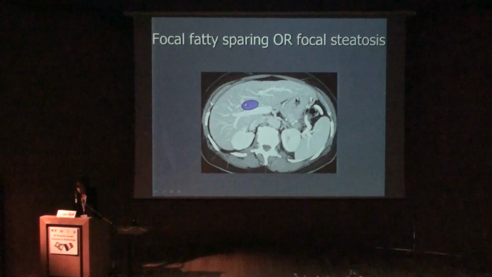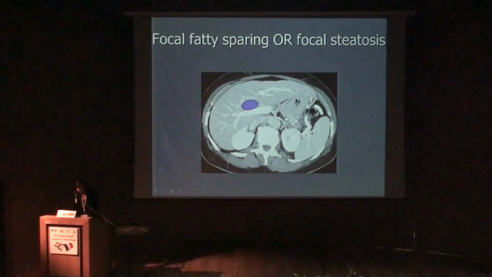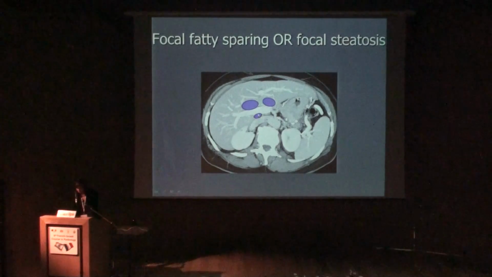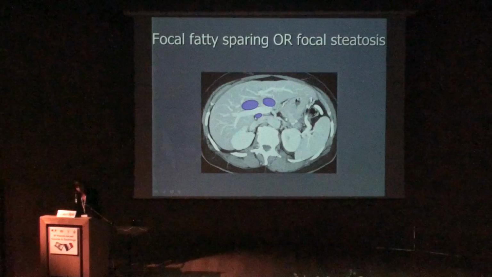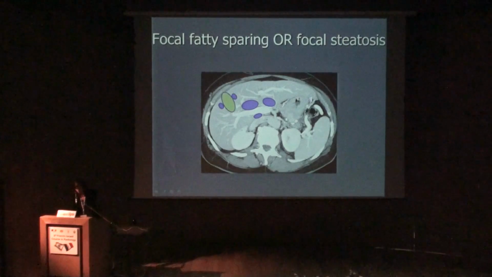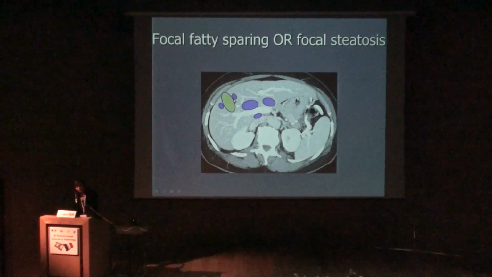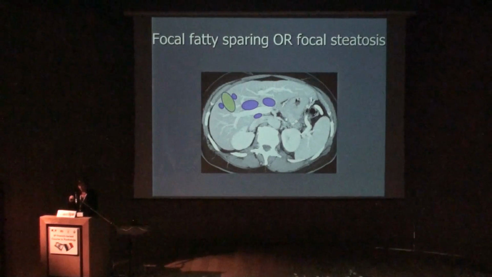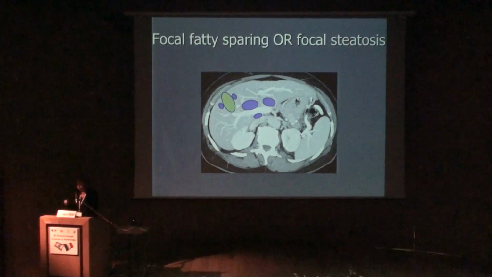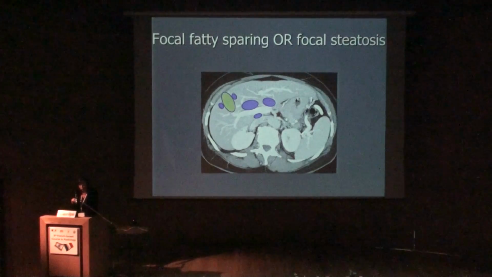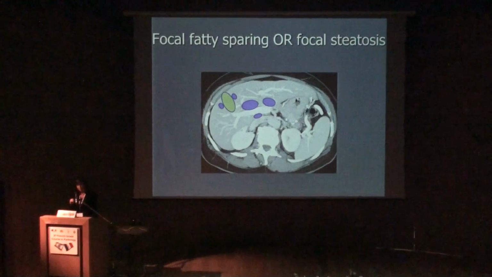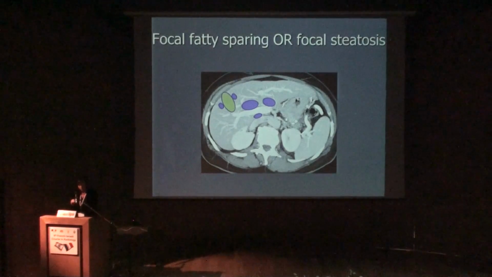So posterior aspect of the segment 4, okay, the left liver lobe, and the anterior part of the caudate, as well as around the gallbladder. Why? Because these focal fatty sparing or focal steatosis are related to abnormal veins entering the liver.